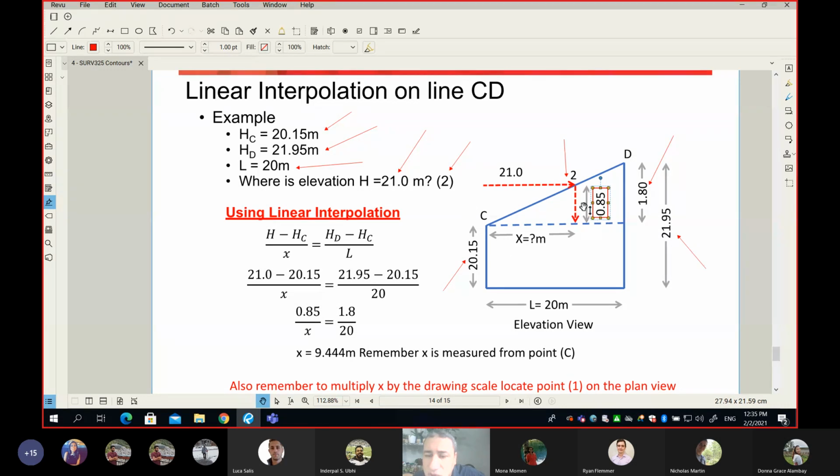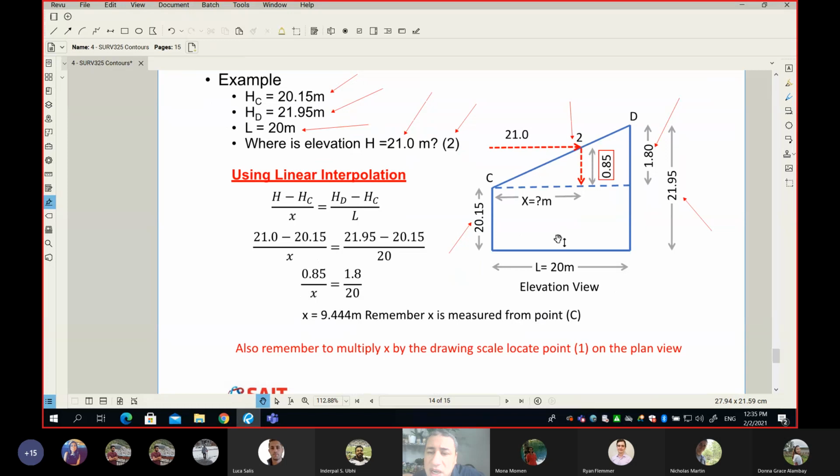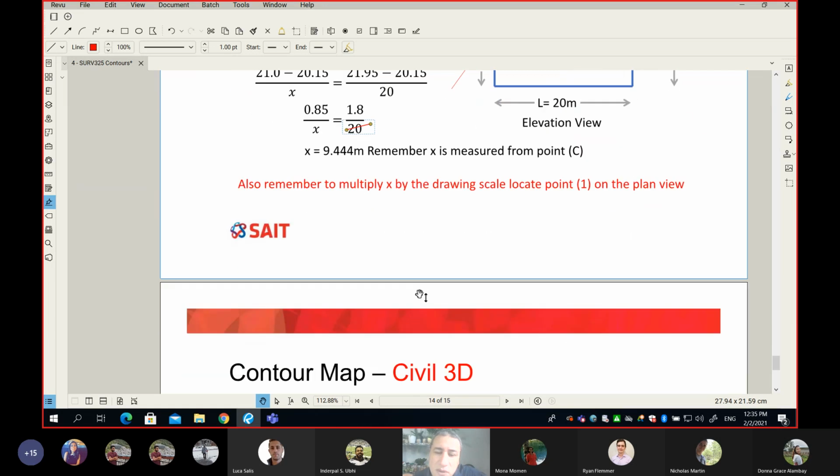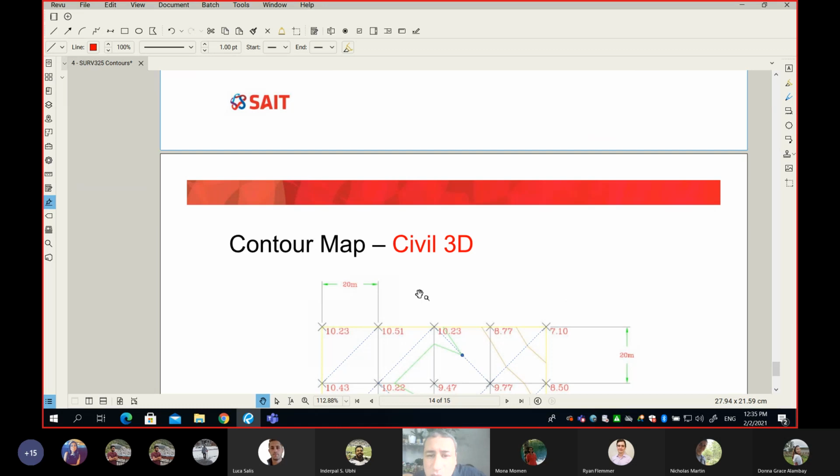Then do similarity of triangle, where you say my 0.85 divided by x equals 1.8 divided by 20, so you get 9.44, or you can replace your 20 based on how much it will be on your map depending on the scale. Okay. Any questions so far?